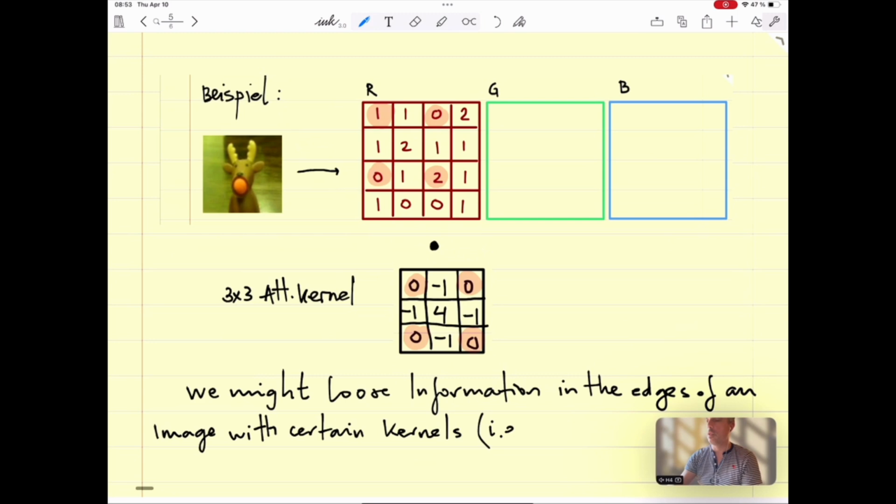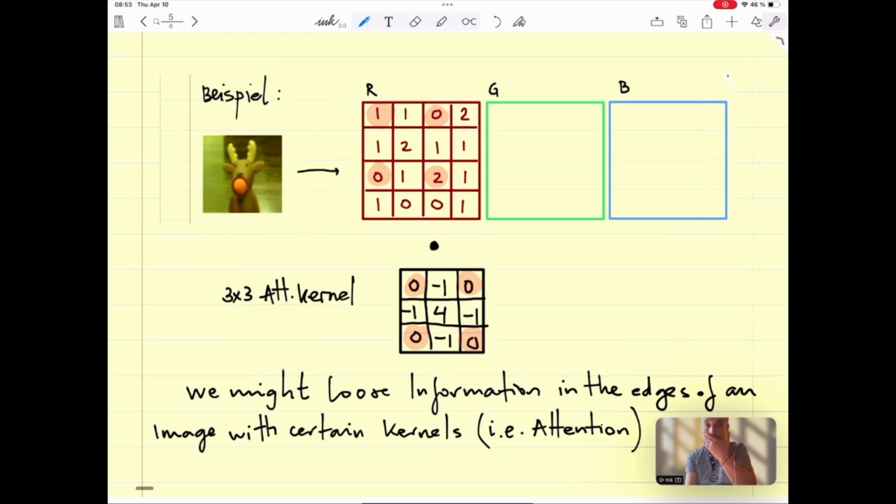For instance, our attention kernel. You see why we lose the information, right? Yes or no? We just multiply it by 0, so we cannot use it. So if I multiply you by 0, then you're gone.